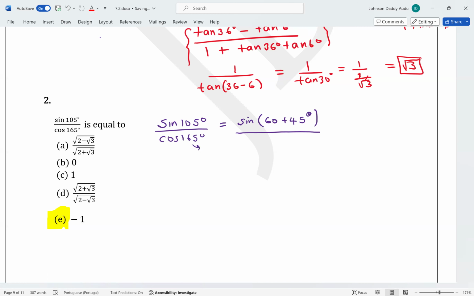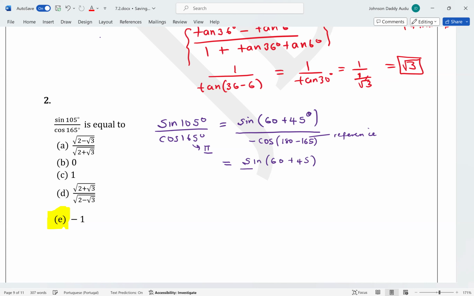This is in the second quadrant, and in the second quadrant, cosine is negative. So you have negative cosine of 180 minus 165, right? So here we are using the reference angle. Now let's simplify things. One more step. This is sine of 60 plus 45.